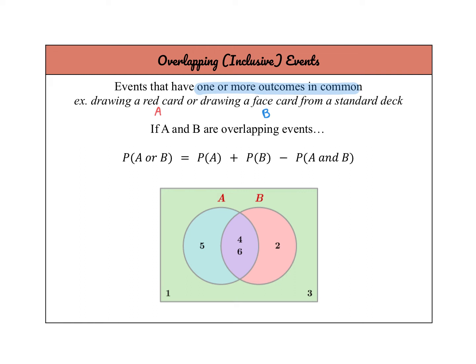And if you're finding the probability of event B happening, it's all 3 of these outcomes. So you can see if I just add those up, I'm double counting these 2 outcomes that work for both. So we would have to subtract them away one time, so we're not double counting them, because really we just want to count all 4 of them. But if we do the 3 plus 3, we're counting 6. So again, you have to subtract the overlap where they're both occurring to avoid that double counting situation.